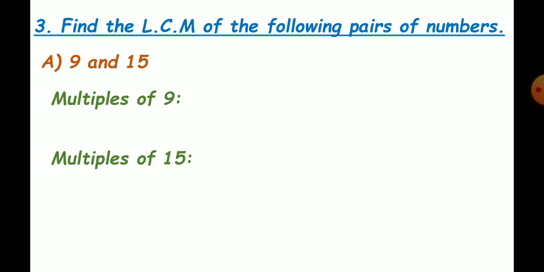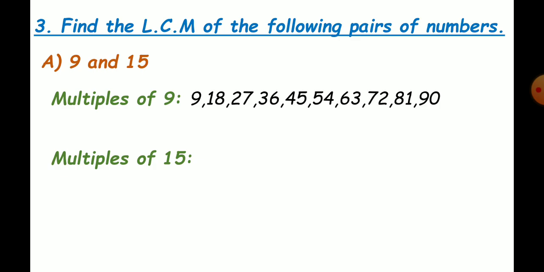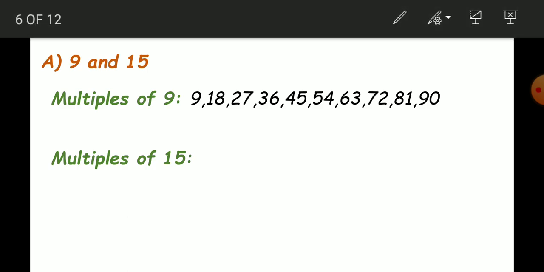So 9 ones are 9, 9 twos are 18, 9 threes are 27, 9 fours are 36, 9 fives are 45. Next 54, 63, 72, 81, 90. So till 90, I have written the 9 table. Now write the 15 table one by one and also check whether that number comes in the 9 table. 15 ones are 15. 15 twos are 30.